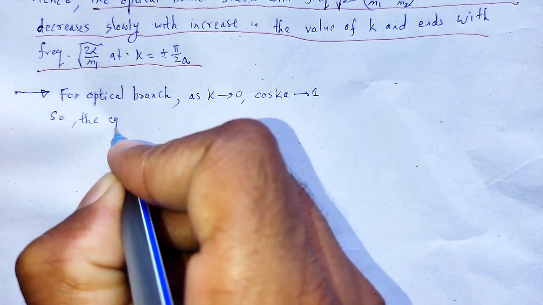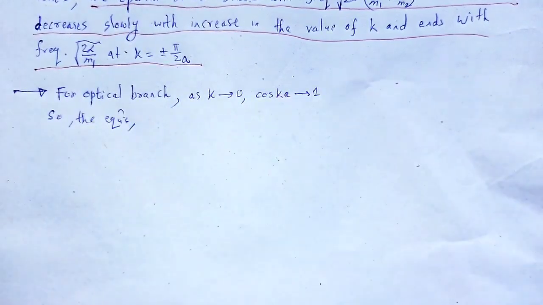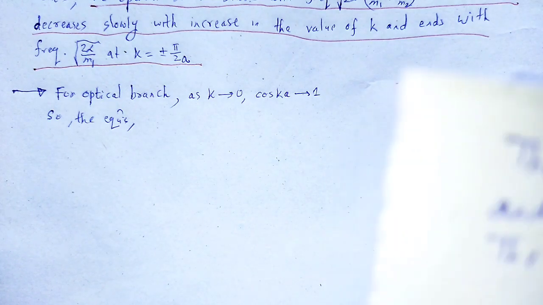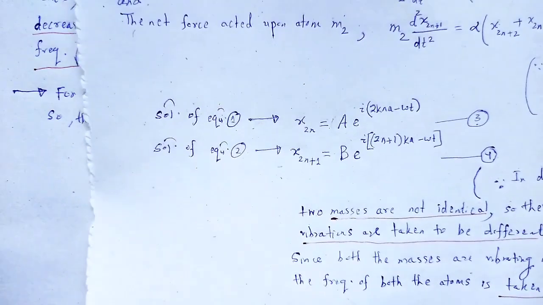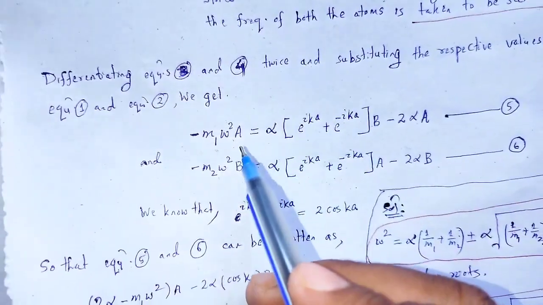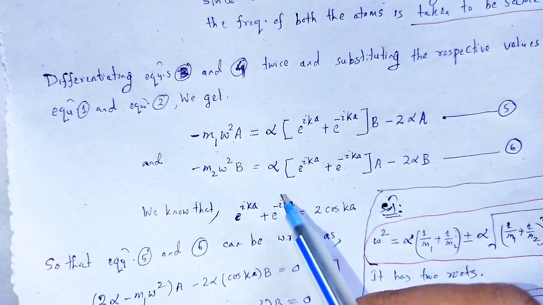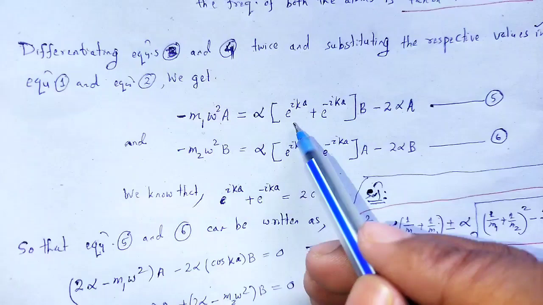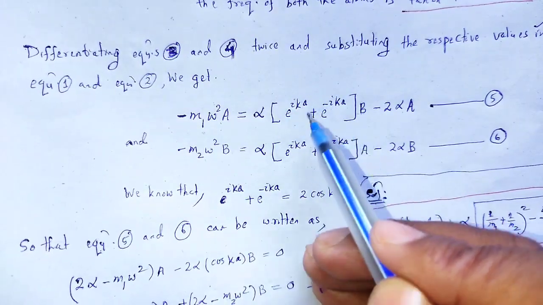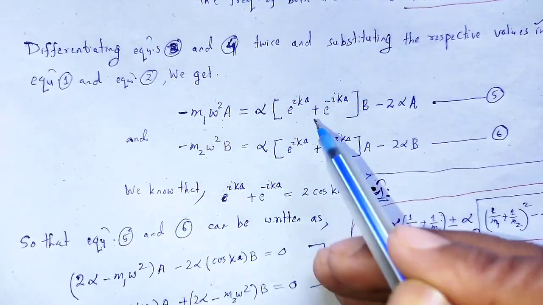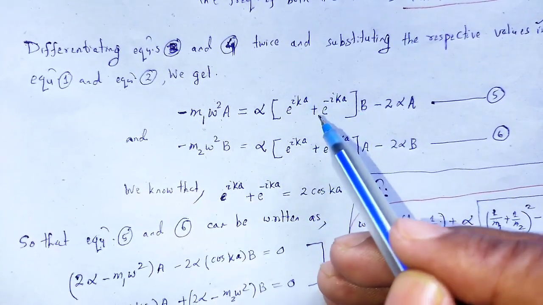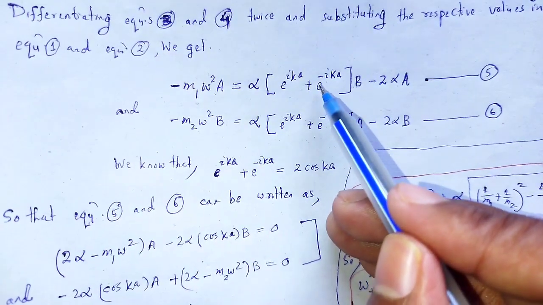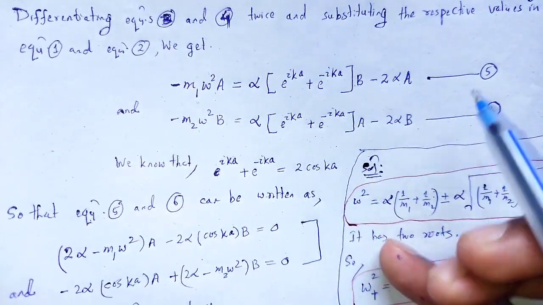So the equations we have discussed in linear diatomic vibrations, see these equations, two varieties of equations we achieve. As we say, cos k is equal to 1, so instead of 2 cos k we use cos k equal to 1. So we achieve two kinds of equations.